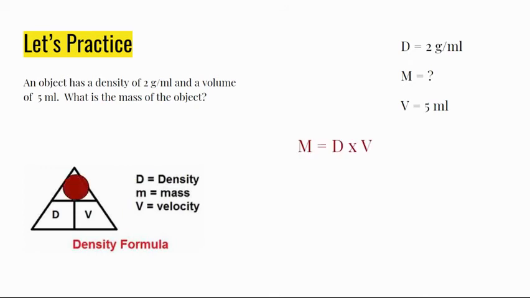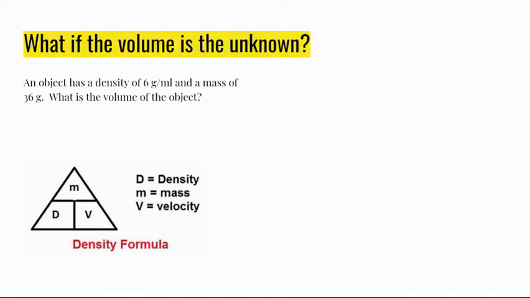We're going to cover up the m because we don't know that. And we are left with density and volume. And that ends up being mass equals density times volume. So can you plug the variables in and solve? So we end up with 2 grams per milliliter times 5 milliliters. So 2 times 5 is 10. And the unit for mass is grams.